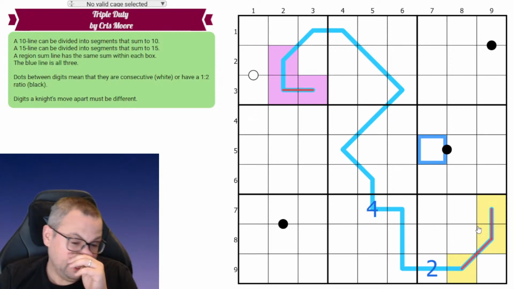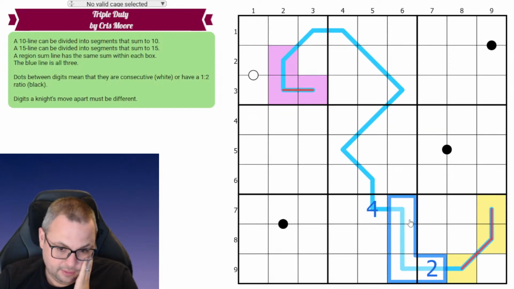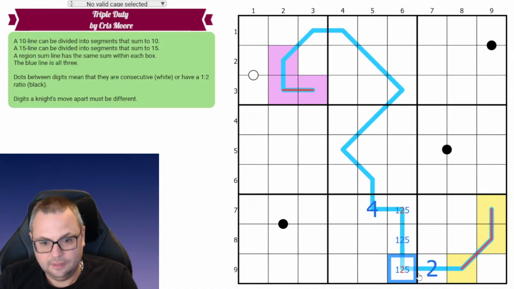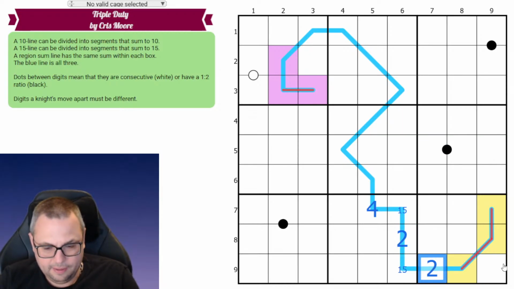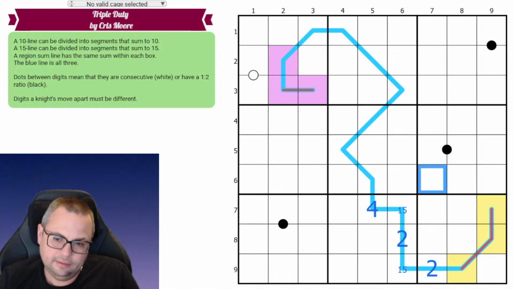So that would make that a 4. And this would have to be 1, 2, 5. Which doesn't actually work, although it's kind of a mess to understand why. Because what it does is it breaks the 15 combination.